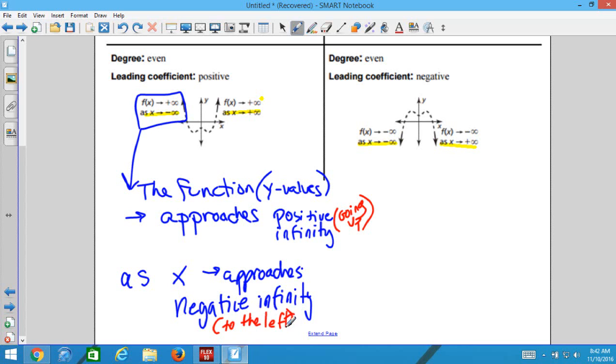So we're saying as we go to the left, the graph goes up. That's what this is saying. So over here, when I see as x approaches positive infinity, that means that it is going right. And then on the top, where f of x, which is y, approaches positive infinity, then the graph is going up.